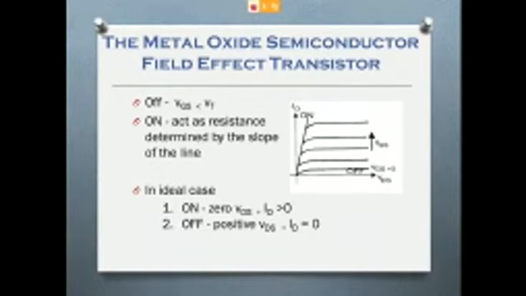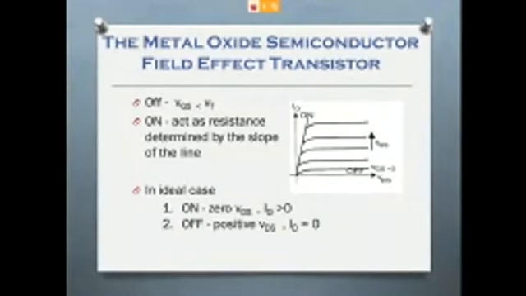This is a practical application. In the ideal case, as I have discussed in the BJT, in the on stage the drain source voltage VDS would be 0 and the drain current ID would be greater than 0, so it would be on the y-axis. ID greater than 0 and VDS equal to 0 would be the y-axis.